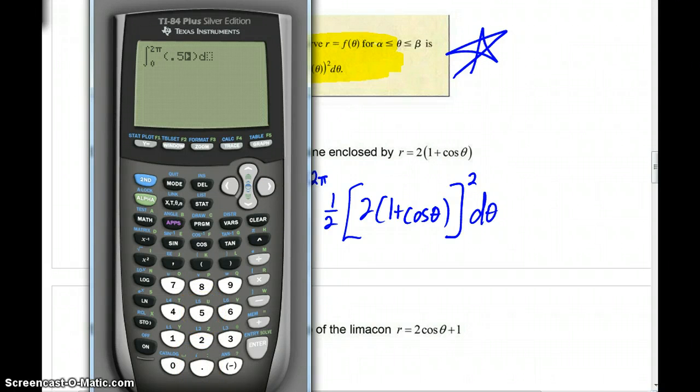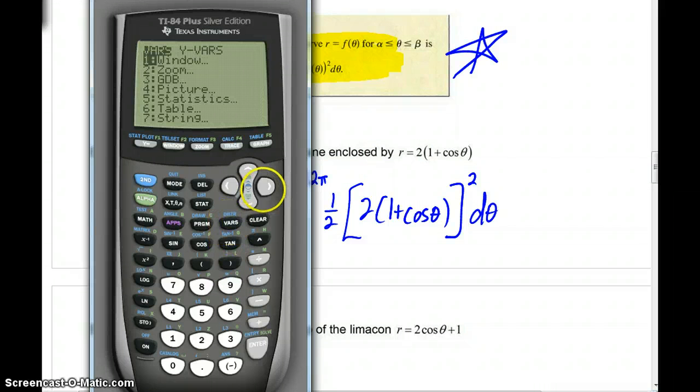But regardless, when you type in fnInt, instead of typing in 1/2 and then that 2 times 1 plus cosine of theta quantity squared, rather than having to retype that, look at the vars key. The vars key is 3 buttons above 9.